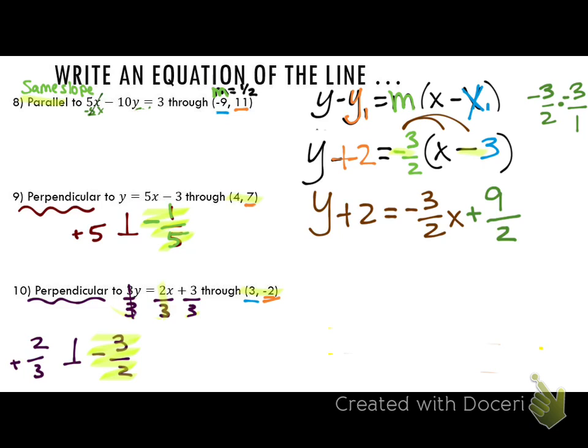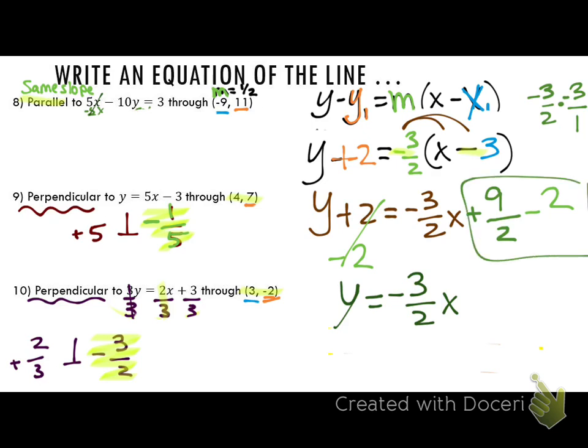My last step, going to subtract 2. So y equals negative 3 over 2x. To combine these, they need to have the same denominator. What denominator do I want them both to have? 2.